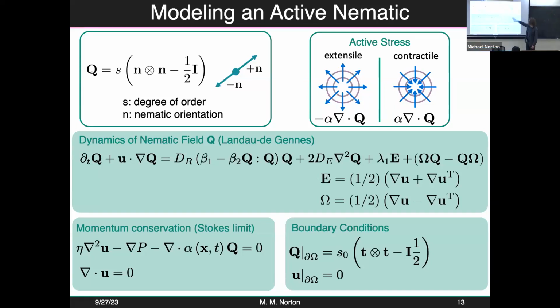E and omega are the symmetric and antisymmetric parts of the flow gradient tensor, and so this is flow alignment and rotation for that system. We can maybe talk about details of that if folks are interested. The final bit, and the bit that makes this truly non-equilibrium, is that our Stokes equation, our momentum balance, is driven by the divergence of alpha times Q. And this is our active stress that gives us that buckling instability.